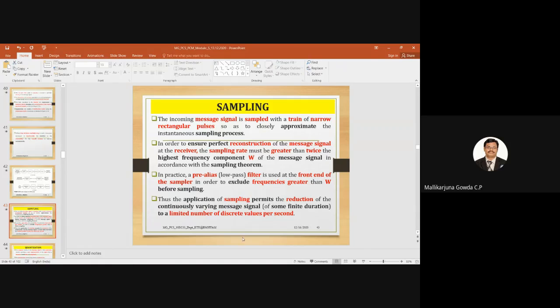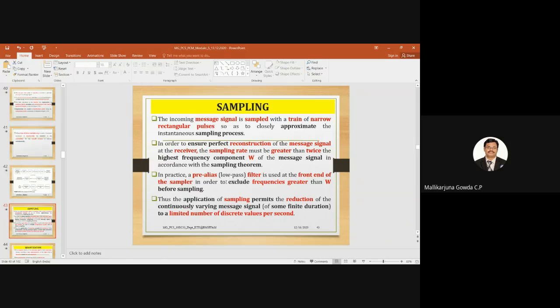It is written here. These are all known things. We said the message signal will be sampled with a train of narrow rectangular pulses. With that, we will be able to approximate the instantaneous sampling process. In order to ensure perfect reconstruction of the message signal at the receiver side, we take the samples at a rate greater than the highest frequency component of the message signal.